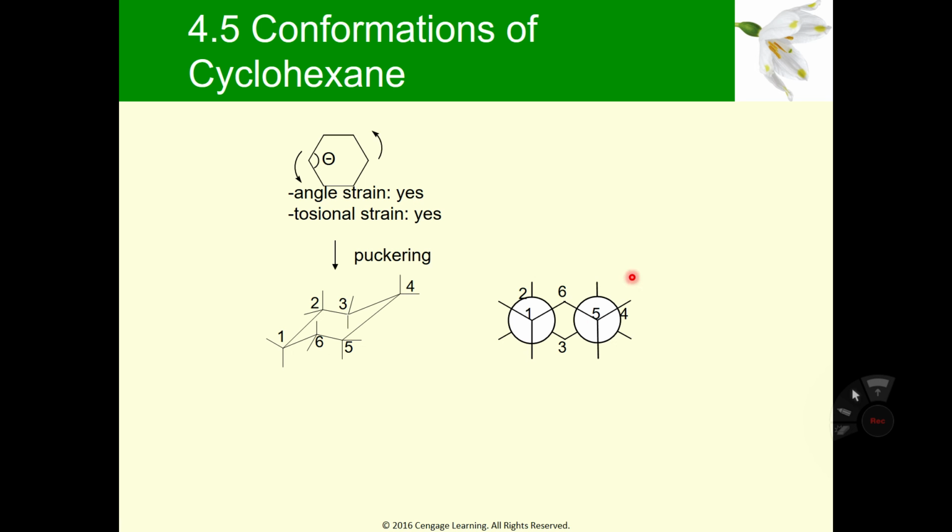We can draw the Newman projection for this also. We can immediately tell that all 6 carbons are not in the same plane because of the Newman projection like this.